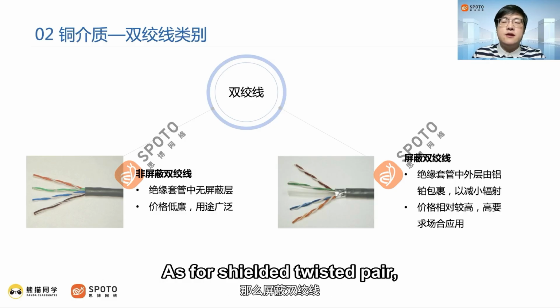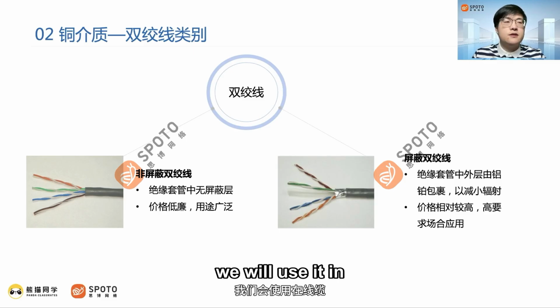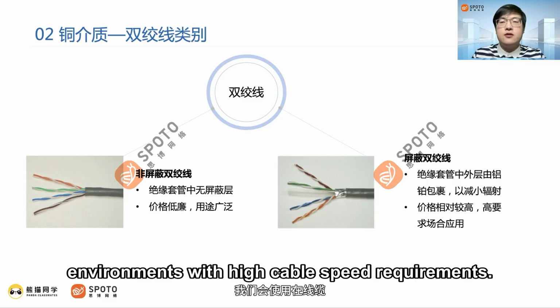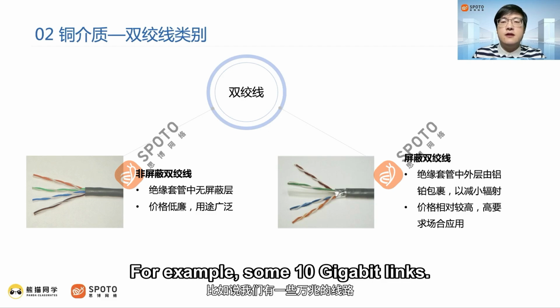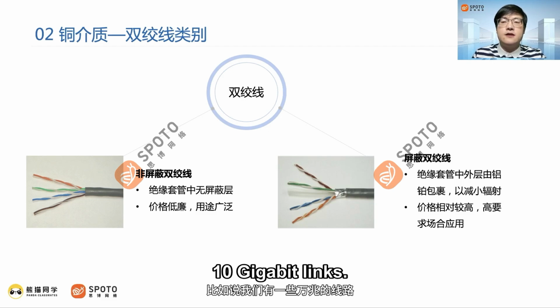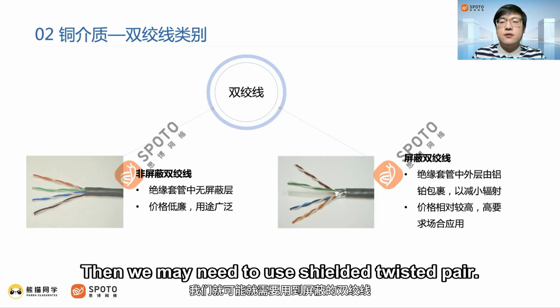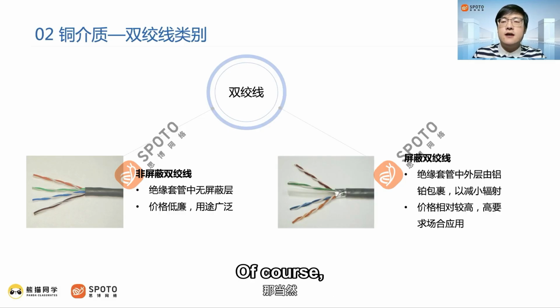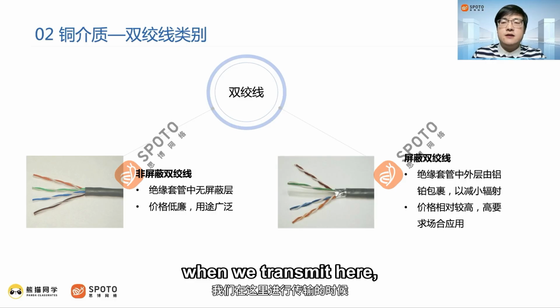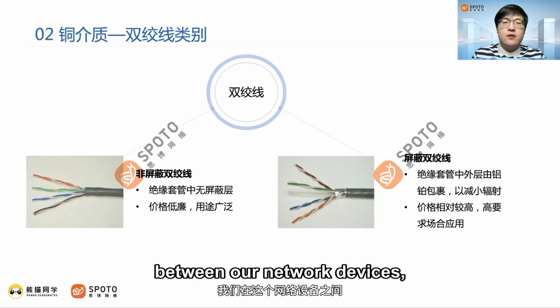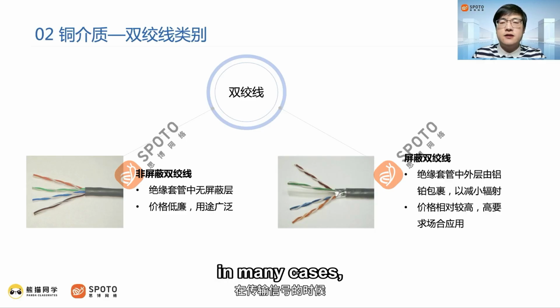As for shielded twisted pair, generally speaking, we will use it in environments with high cable speed requirements. For example, some 10 gigabit links. Then we may need to use shielded twisted pair. Of course, when we transmit between our network devices, in many cases, it is quite close.